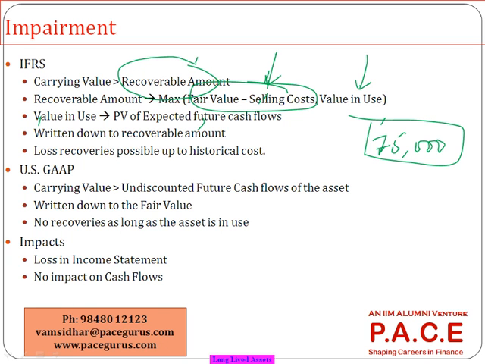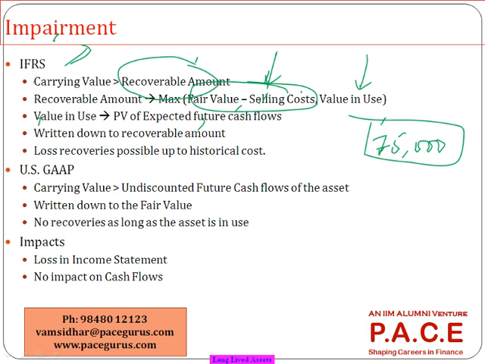That is what we call the value in use. Whatever is greater of these two, I'll compare it with the carrying value. If the carrying value is more than both of them, I will definitely treat it as impairment, and the difference I'll book as a loss.